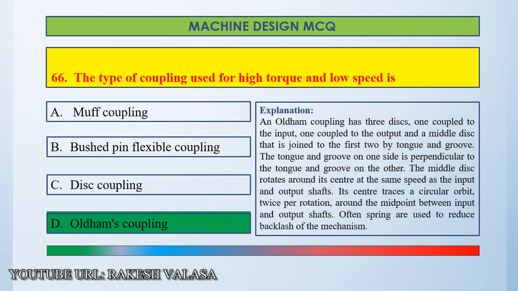Its center traces a circular orbit twice per rotation around the midpoint between input and output shafts. Often springs are used to reduce backlash of the mechanism. So the correct answer is option D, Oldham's coupling.